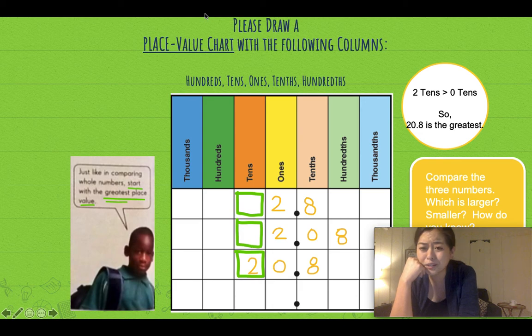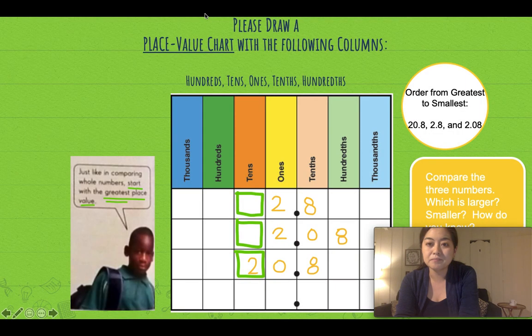Which one's bigger? Which one's smaller? 2/10 is bigger than 0/10, so 20.8 is the greatest. So with this information, order from greatest to smallest is 20.8, then 2.8, then 2.08.